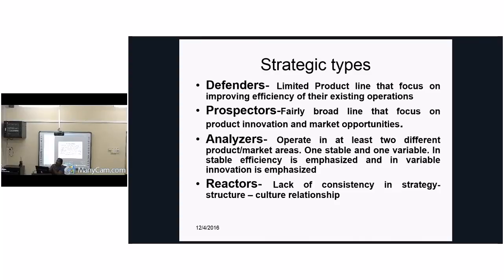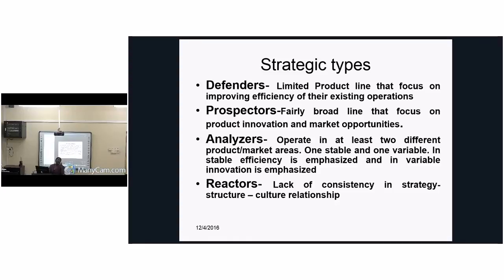They are called defenders. For example, say in the powder milk industry, you can have defenders. Defenders have a limited product line, only powder milk and fresh milk. Very narrow product line.